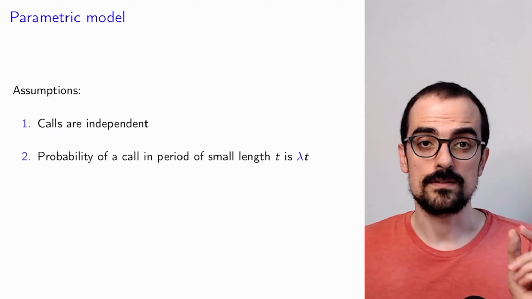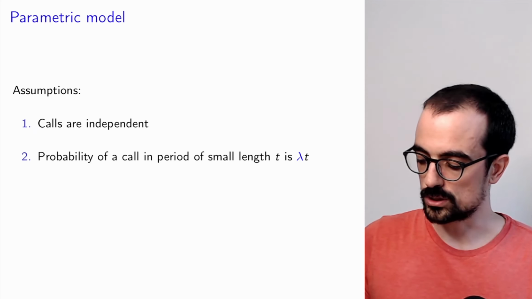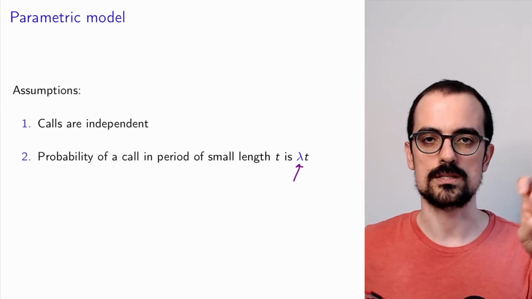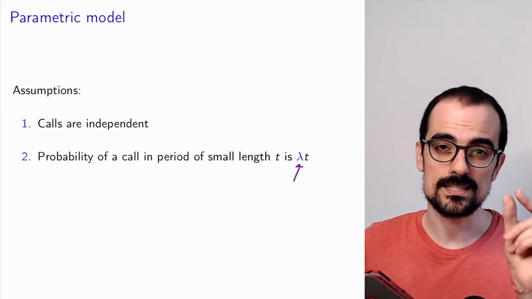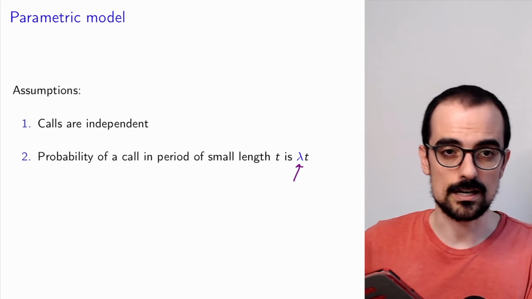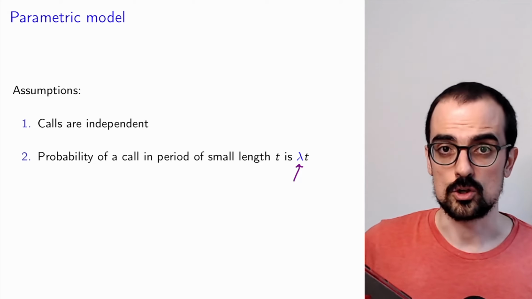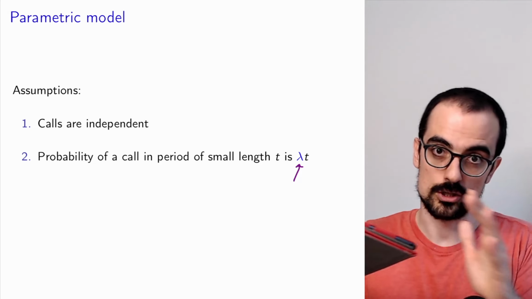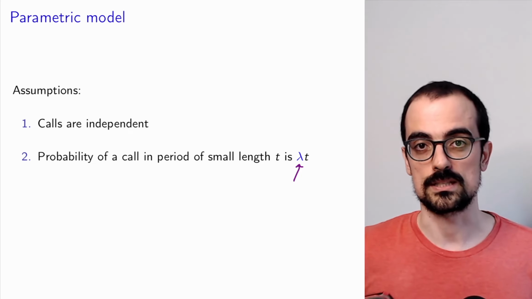We assume that the probability of a call in a period of small length t is proportional to a rate of calls that arrive at that time and is constant. So basically this says that the probability of seeing a call in any small interval within that hour is constant. This wouldn't happen if we consider the whole day, right? Because there are more calls at certain times of the day, fewer calls at other times of the day.